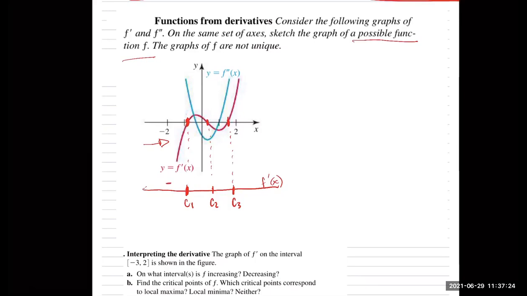What does that tell us about the original function?